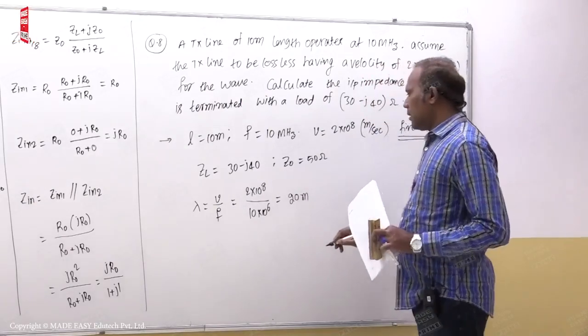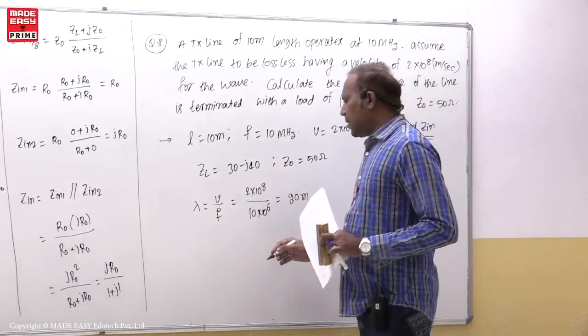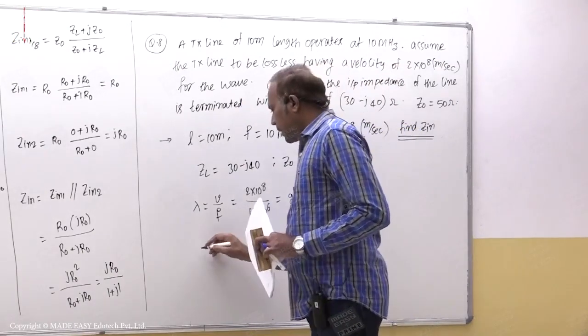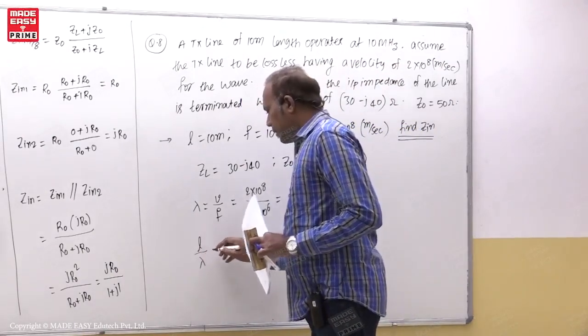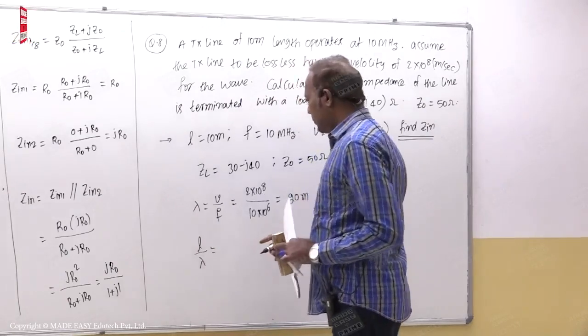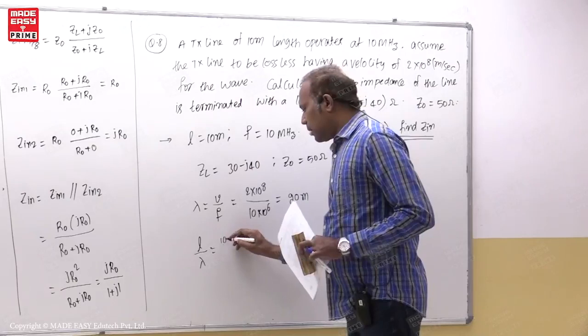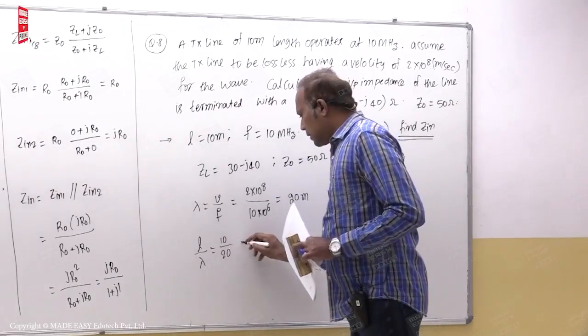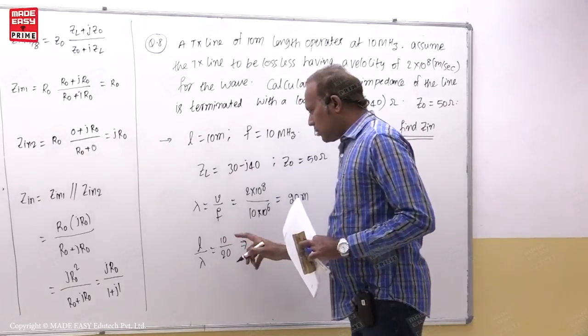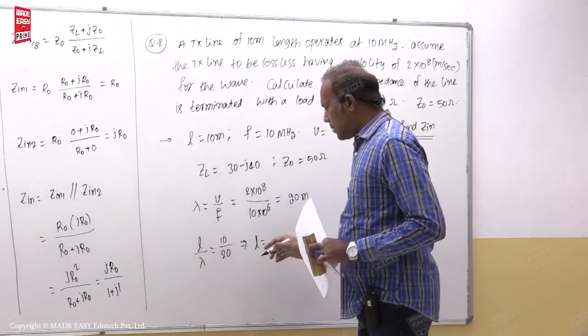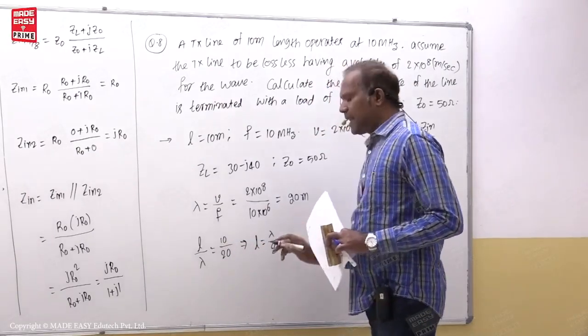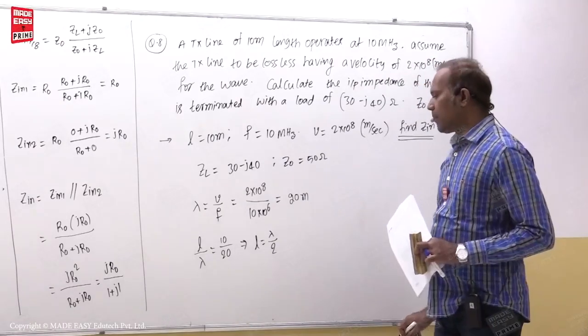Now let us take the ratio of length and lambda, because both are in meters. Length is given as 10 meter and lambda is 20, so L is lambda by 2. That means the length of this transmission line is lambda by 2.